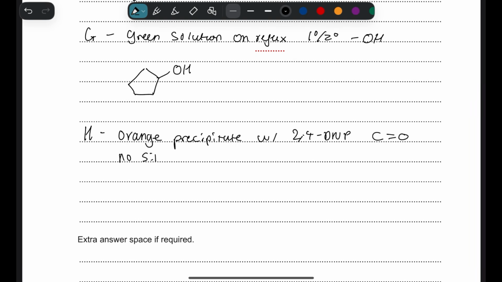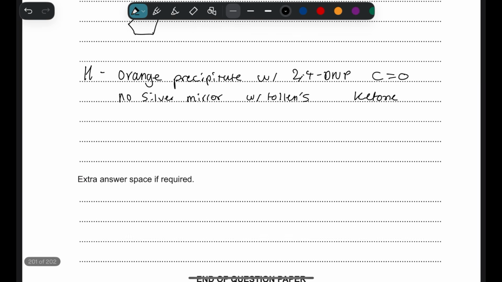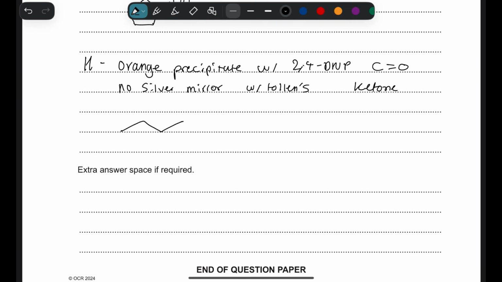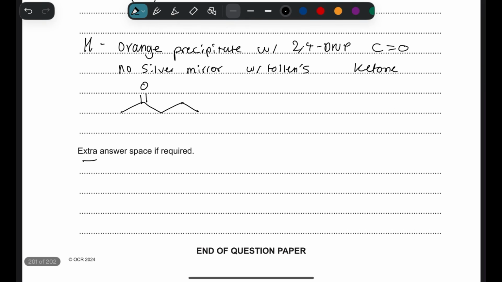We can say there's no silver mirror with Tollens. And you could maybe add in the fact about the reflux as well. So it must be a ketone. In that case, I'm happy to draw out any ketone with 5 carbons. So 1, 2, 3, 4, 5, and then we'll just put the carbonyl here. That could be H. Now finally, we're going to use the extra space for I.